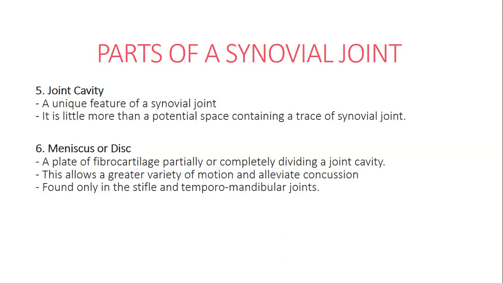So again, it provides cushioning. There's a lot of friction going on every time we talk or every time we chew our food. Any mouth movement will have friction. So the meniscus is placed there just to absorb the friction, just to lessen the friction actually.